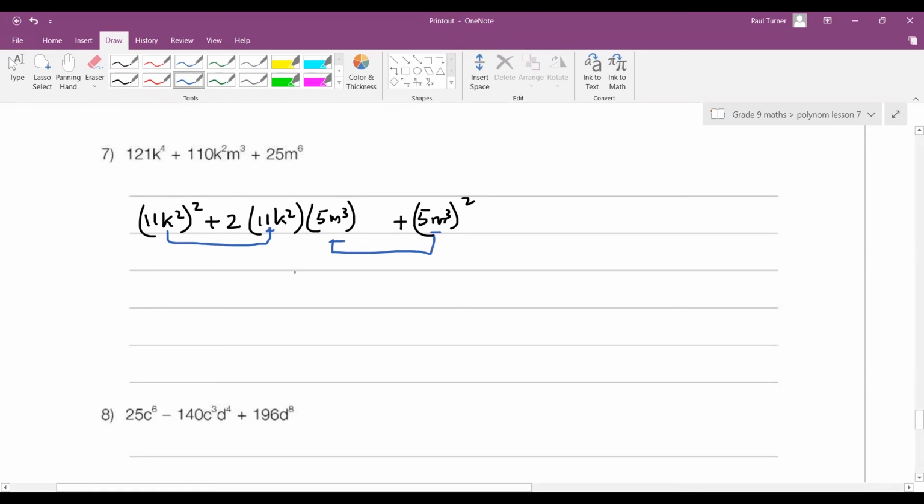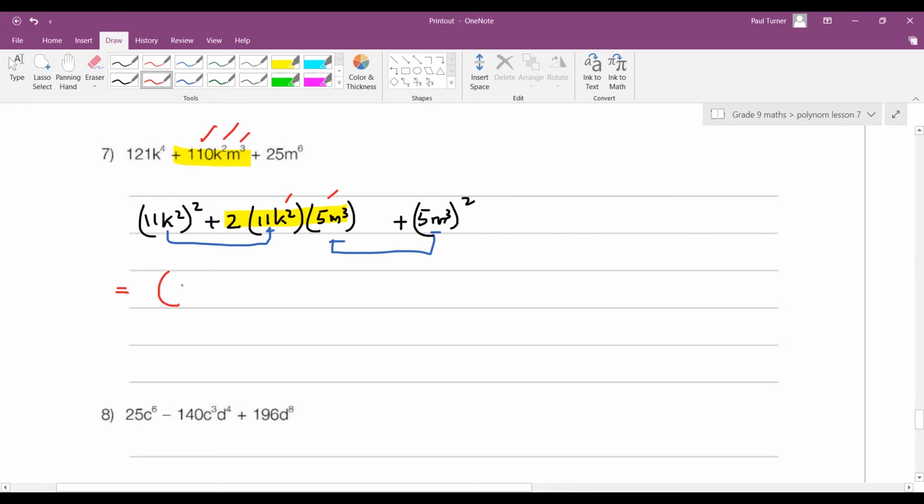And they come from here, and that one's there. Okay, so we should check our middle term again. 2 5s are 10. 10 times 11 is 110. k2 is here. m3 is here. So it's all good. Everything's okay. So then we can write our complete square.